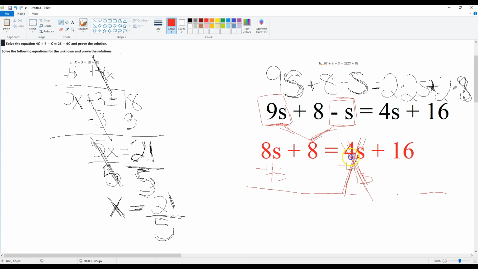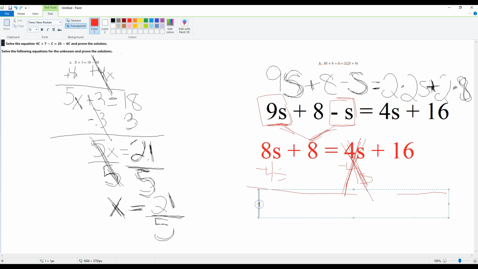That cancels. And then what's left is, so 8s minus 4s is 4s plus 8 equals 16. Now we're going to bring the 8 over, so we're going to subtract 8 from each side.